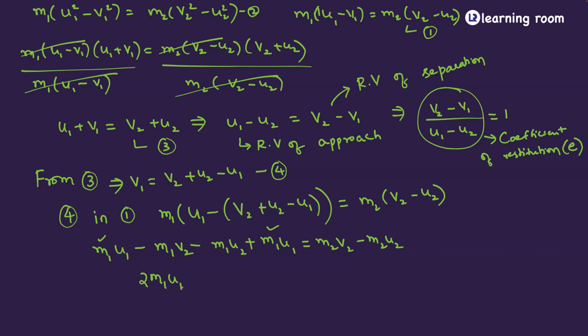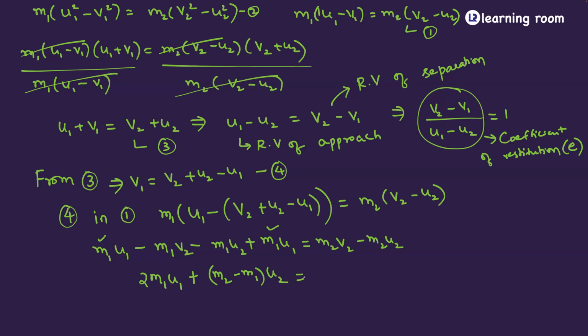M2 U2 will come to this side, so it will be plus M2 minus M1 into U2. Minus M2 U2 will come to the left as plus M2 U2 minus M1 U2. What is common? U2 is common. I took it out, so M2 minus M1 is equal to, now tell me what will happen.